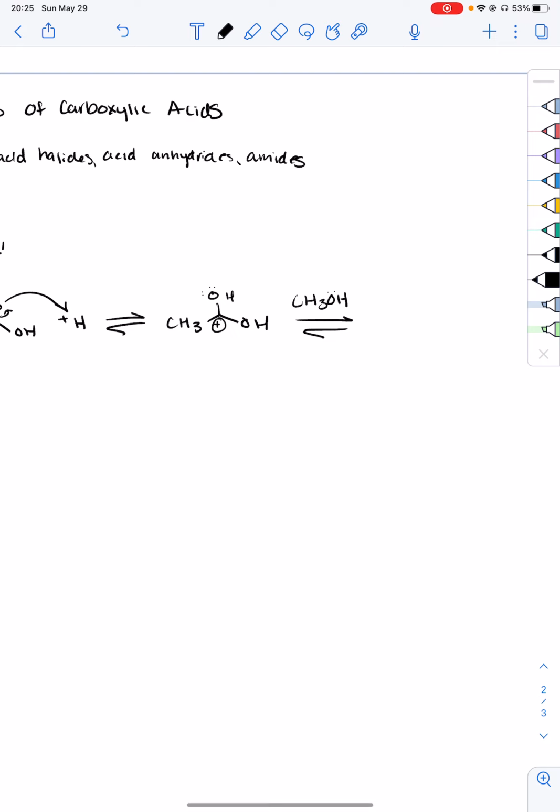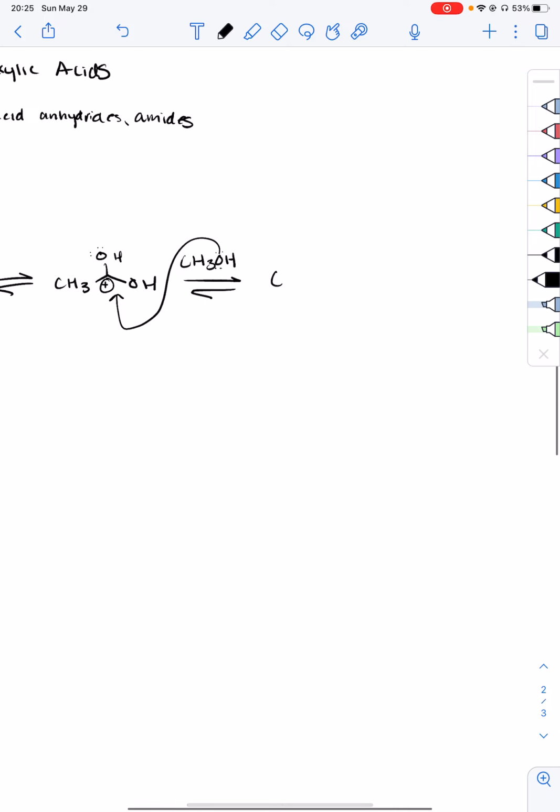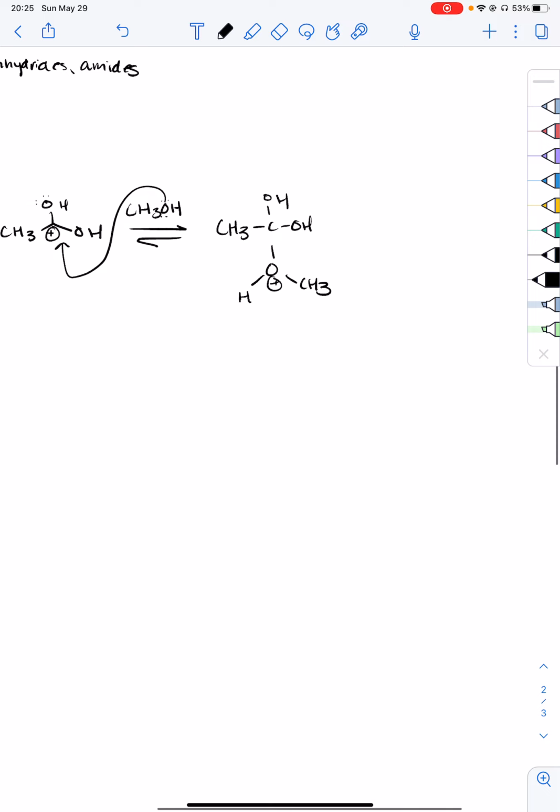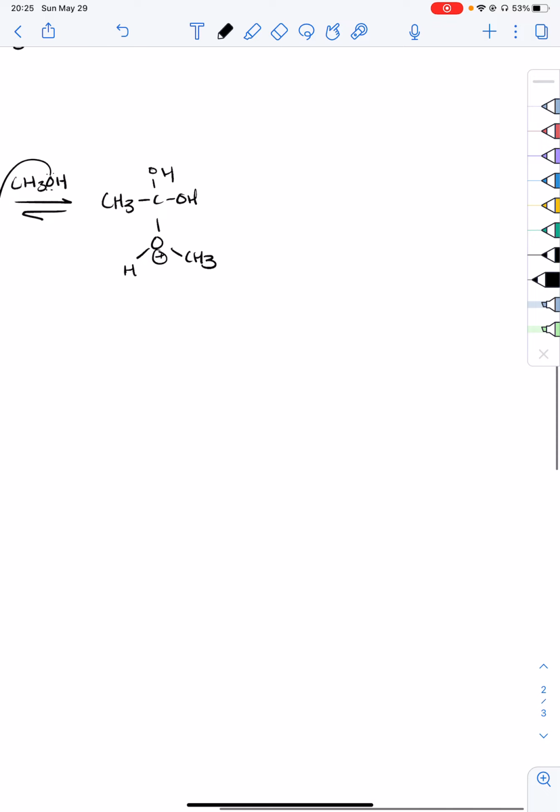This oxygen is going to attack right there, and we're going to see this product, or intermediate. And then a proton is going to be lost from the oxonium ion.